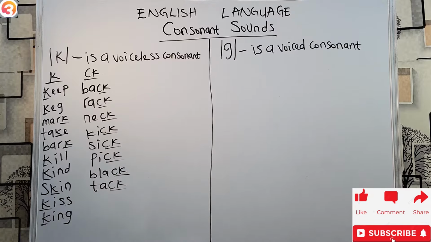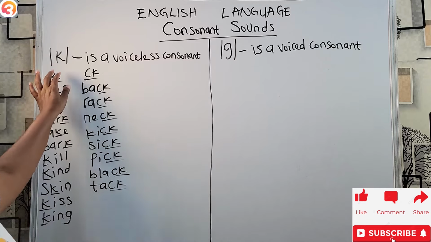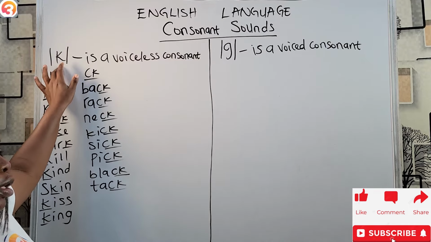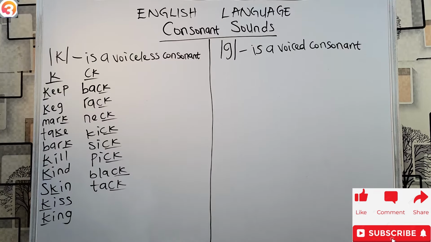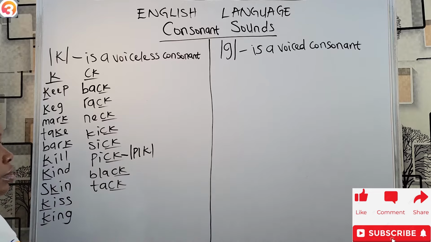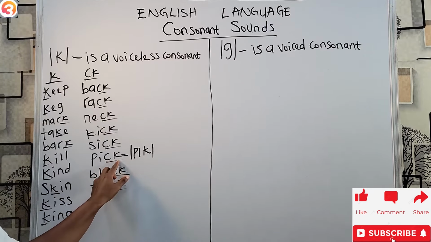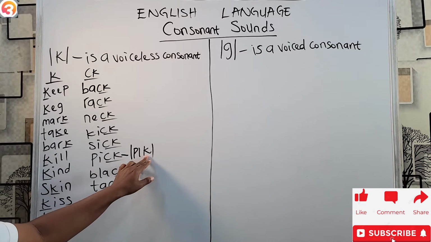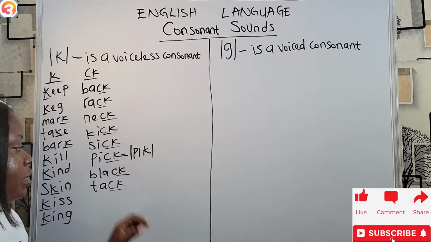The CK at the end of these words contains this consonant K. If you were to transcribe them, there will be no C. Both C and K combine to form the consonant K in the word pick.